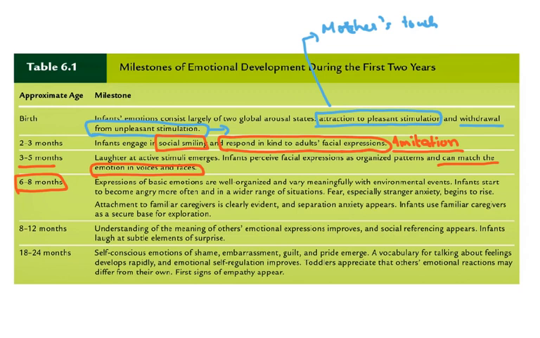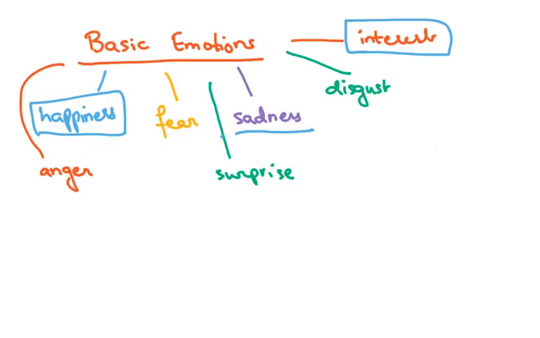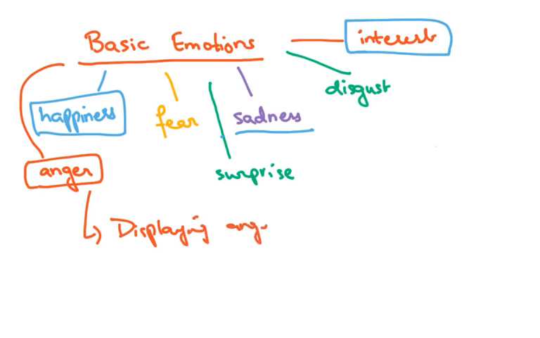So this is again interesting, that the basic emotion of anger here is becoming more profound. And they start displaying anger more often, so frequency increases, right? And another thing is that they start being angry in a variety of different contexts.